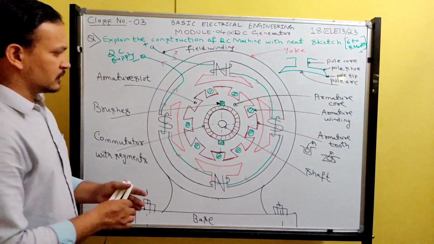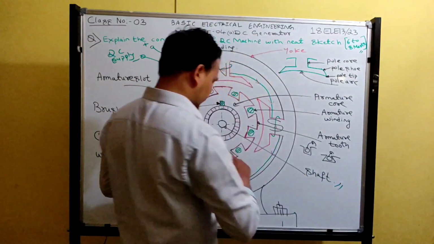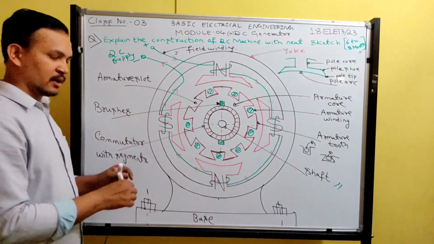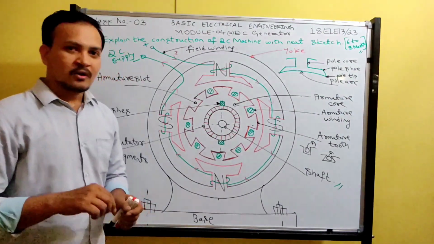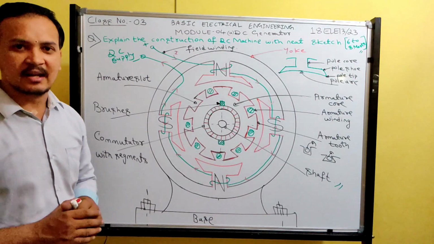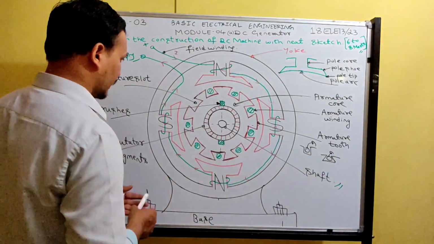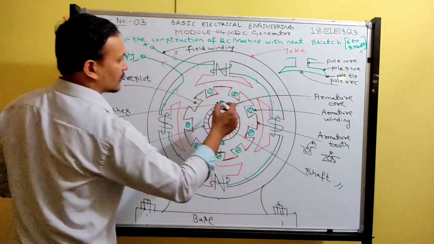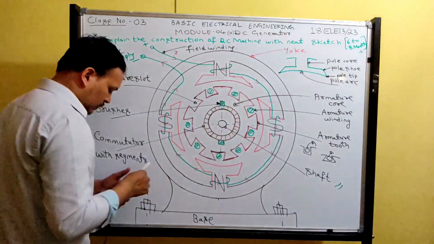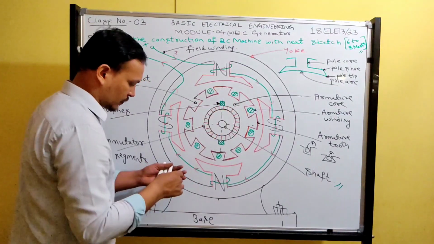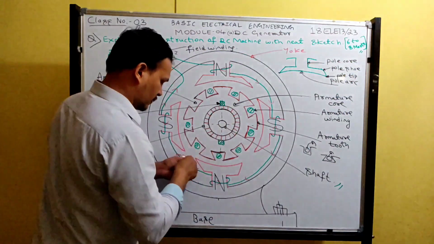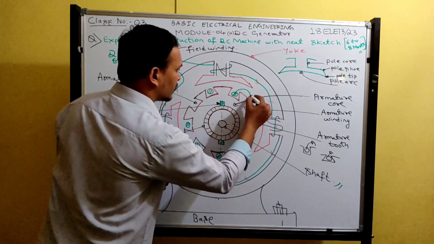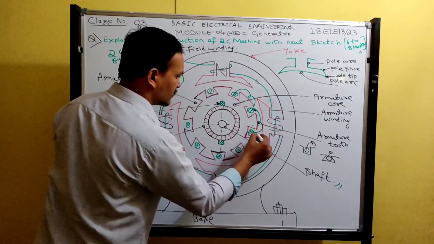Okay, guys. Now, in the same diagram, I am going to explain the working principle of the DC generator. Look at here, all these conductors with green color. I will take green only. All these conductors are connected in series.